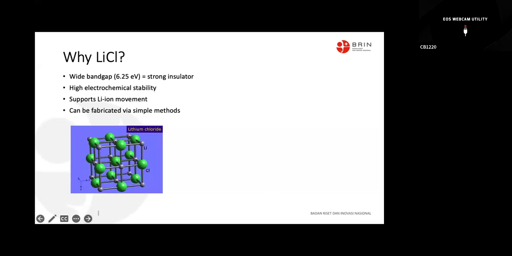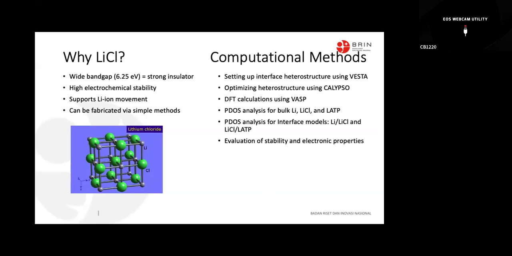So the hypothesis we test in this study is whether a thin layer of lithium chloride can serve as an effective barrier to electron migration while allowing lithium ions to transport efficiently.